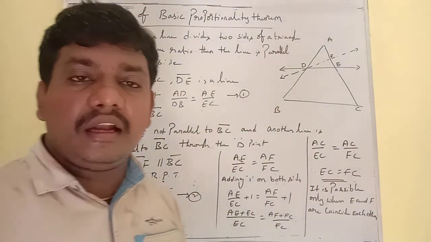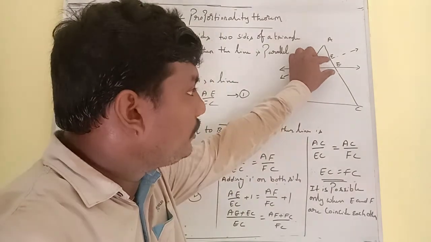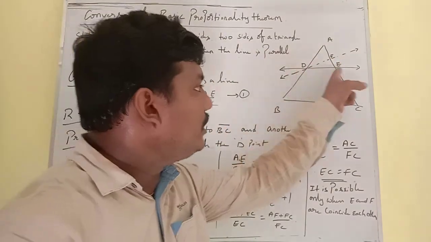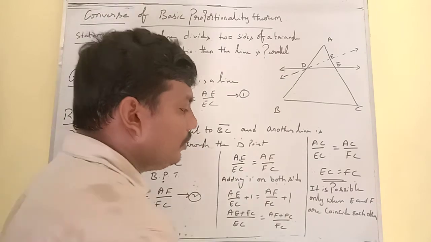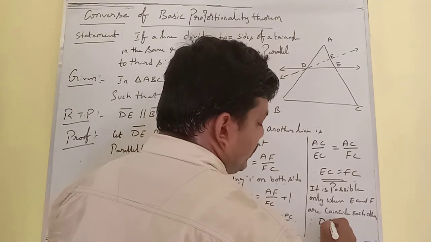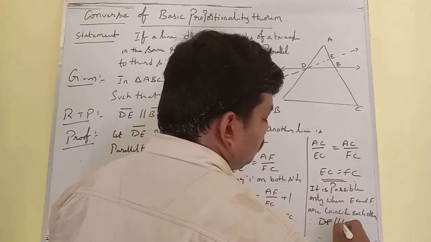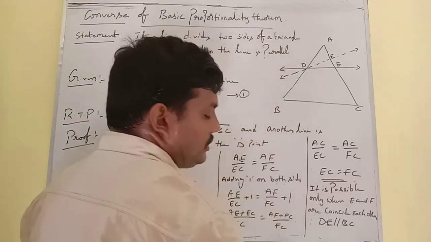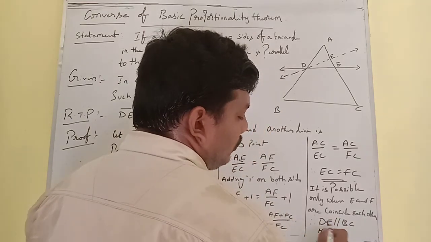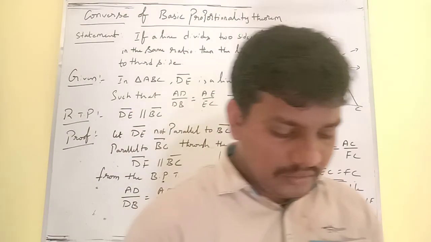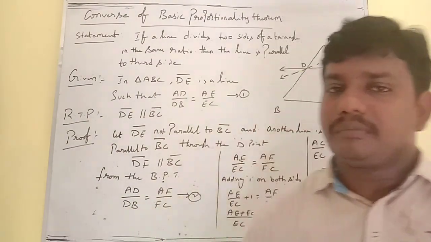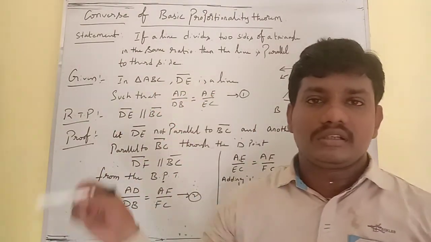When E and F coincide each other, that means DE is parallel to BC. Hence it is proved. So this is called the converse of the basic proportionality theorem. Students, I hope you understand.